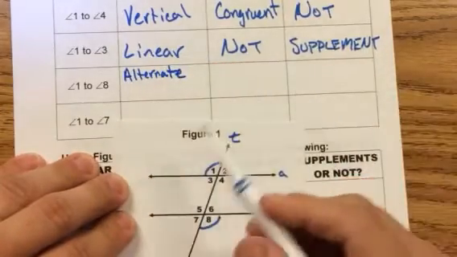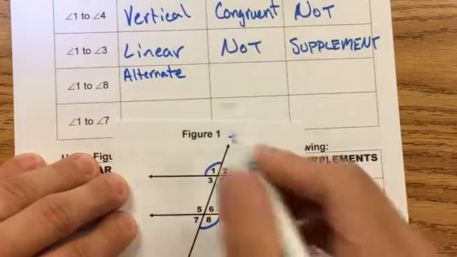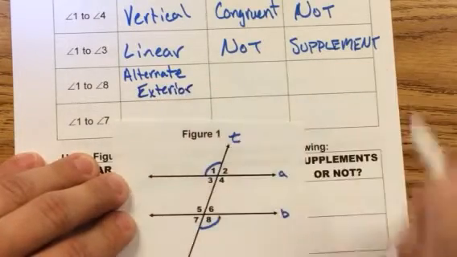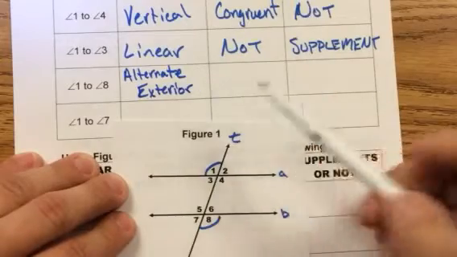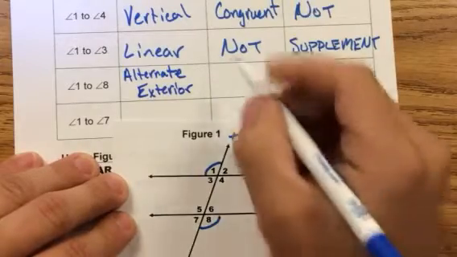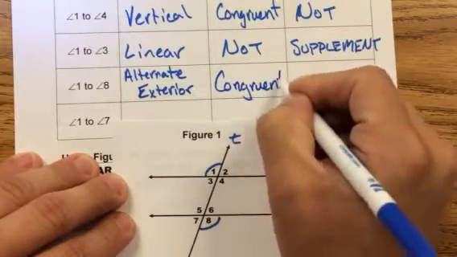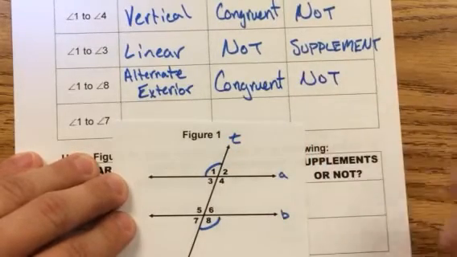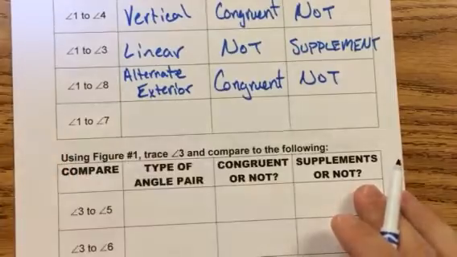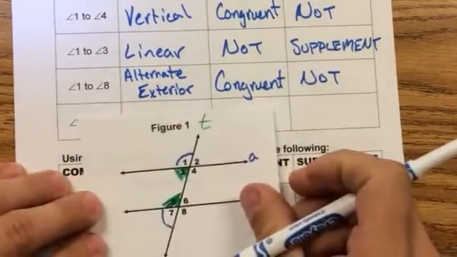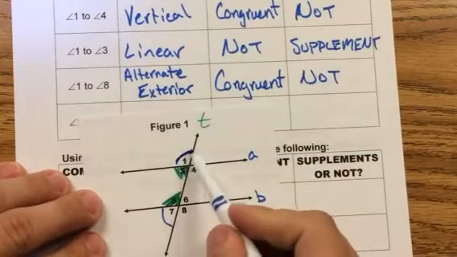And because they're both on the outside of my lines A and B, we say exterior. So alternate exterior angles are congruent and not always supplementary.